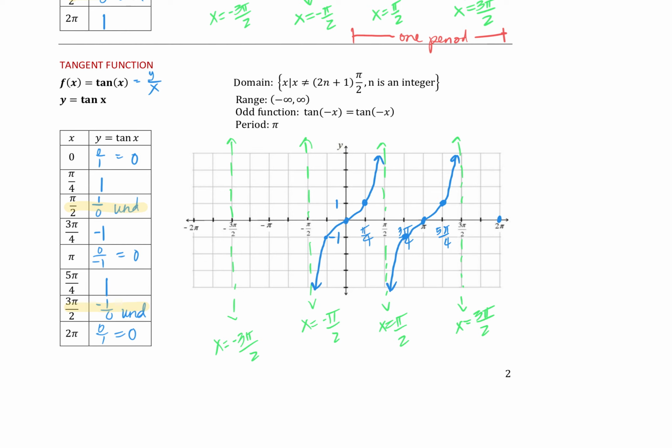So notice that the pattern is already repeating, whereas the other 4 trig functions that we've talked about previously, the period has been 2 pi, meaning every 2 pi the pattern will repeat. With tangent, this distance along the x-axis where the pattern is going to repeat is actually pi.